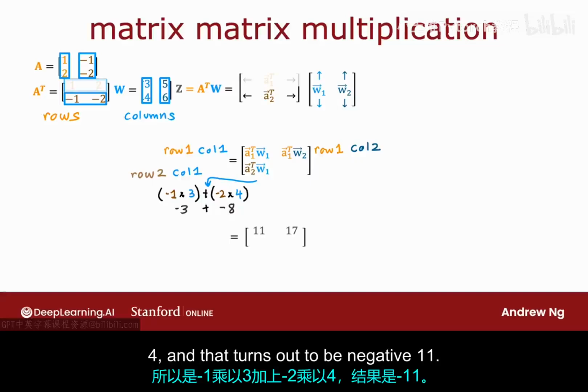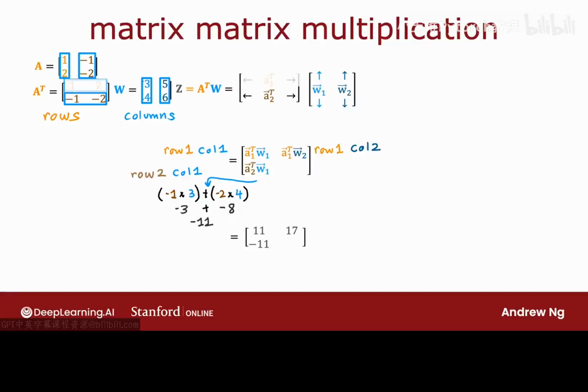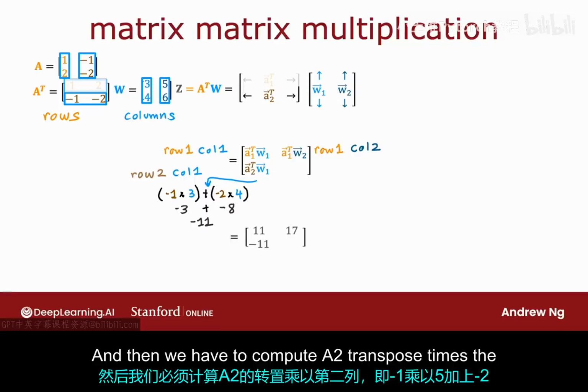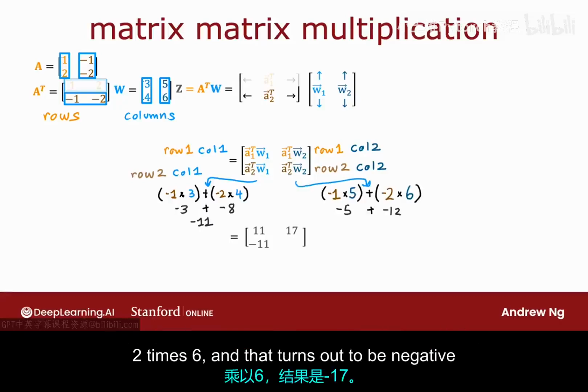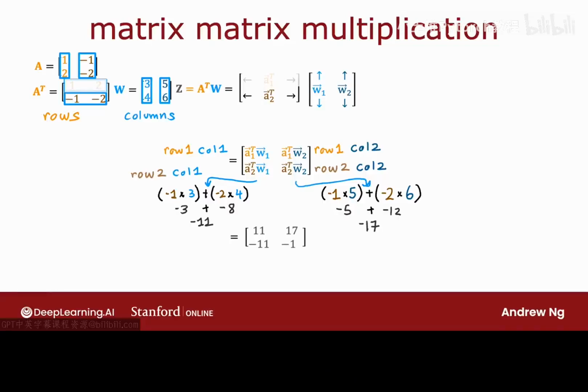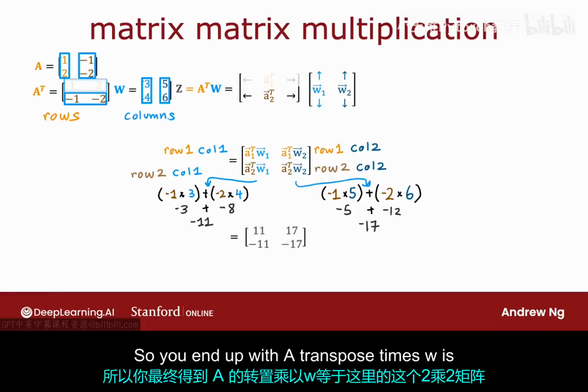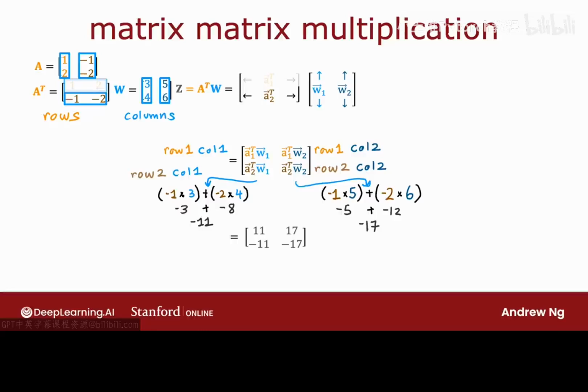And that turns out to be -11. And then we have to compute A2 transpose times the second column. And that's -1 times 5 plus -2 times 6. And that turns out to be -17. So you end up with A transpose times W is equal to this 2 by 2 matrix over here.